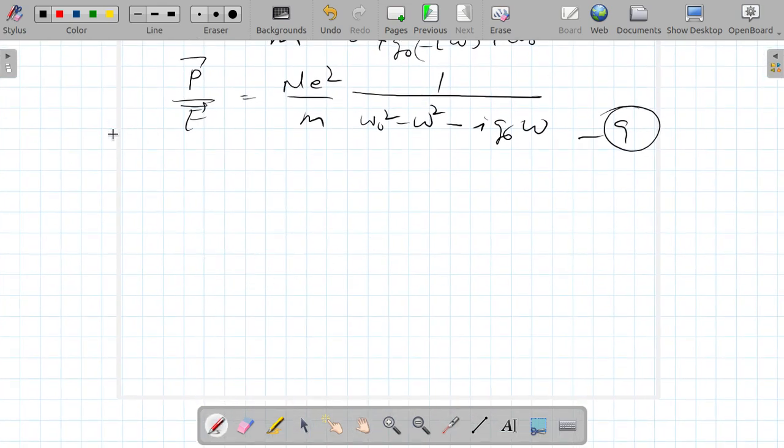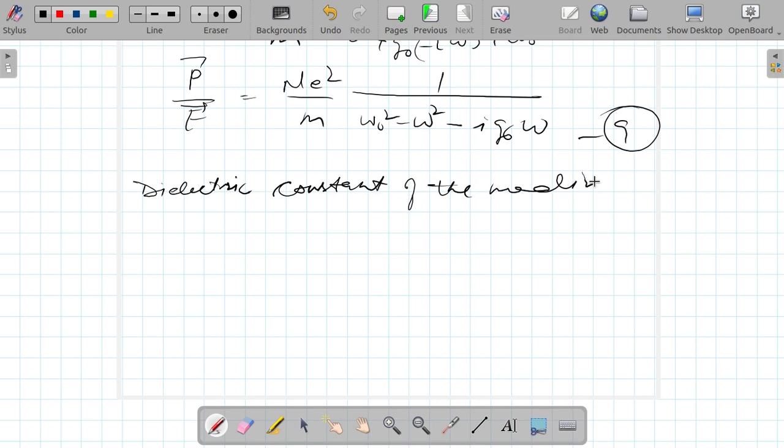Now let us define the dielectric constant of the medium as epsilon equal to 1 plus 4 pi P over E. Also we know that the dielectric constant is a complex number.